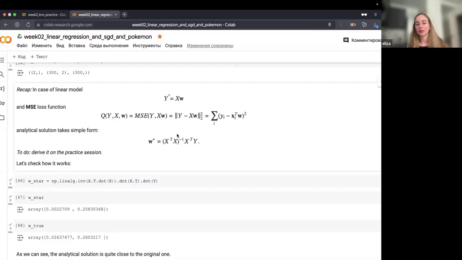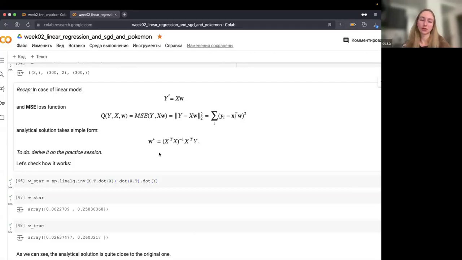The inverse matrix operation is a really complex operation. And when you have lots of data, you get a very, very slow algorithm. So you need more practical methods. But if you have few features, it could work.